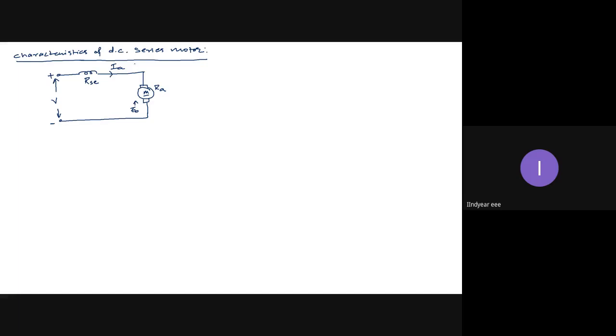So this IA is equal to IL, both are the same.